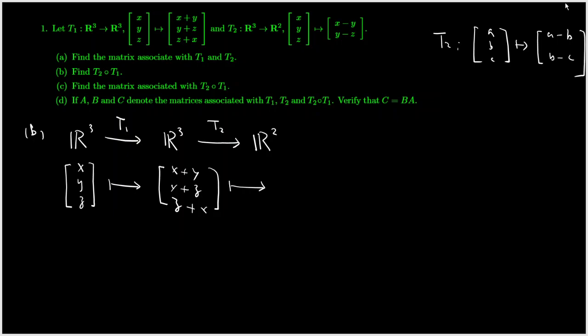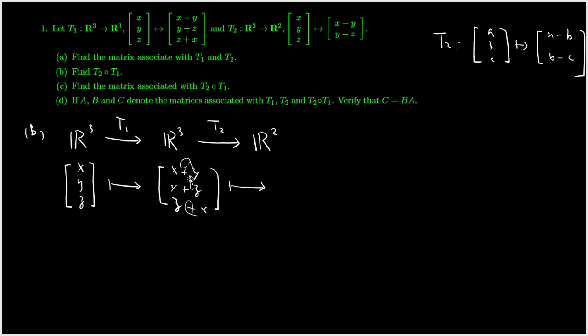Why do I do that? If you do that, you can treat the first component as a, and then you can treat the second component as b, and then you can treat the third component as c. And then the first component of the output under T2 is going to be a minus b.